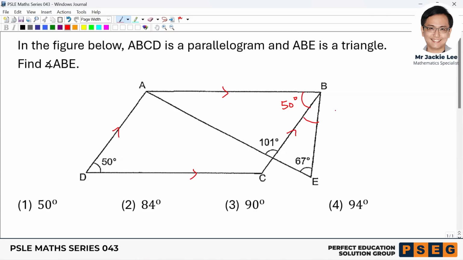So this angle should be 101 degrees minus 67 degrees, and this will end up 34 degrees. Hence, the final answer for angle ABE should be 50 plus 34 degrees, which is 84 degrees. Answer is number 2.